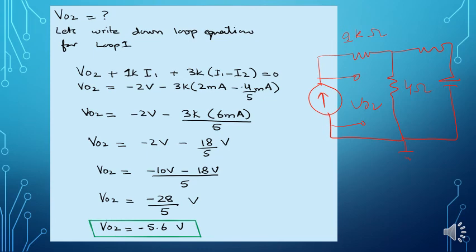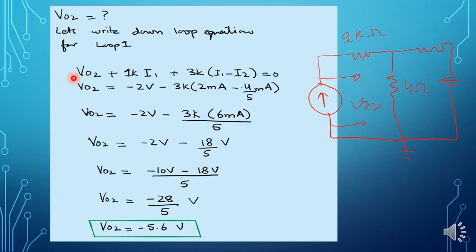As we have to find out this value V out 2, I am writing a KVL equation, assuming that I have to find the voltage from this point to this point across this current source, so I am writing it as V out 2, and I will write the remaining equation as I write the KVL equation for my previous loop.